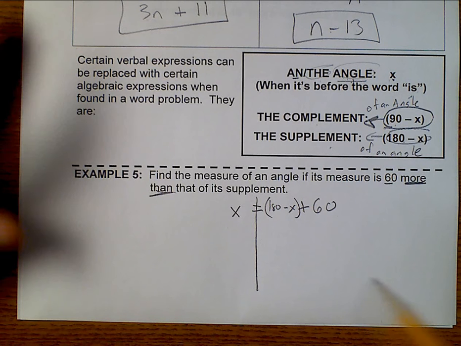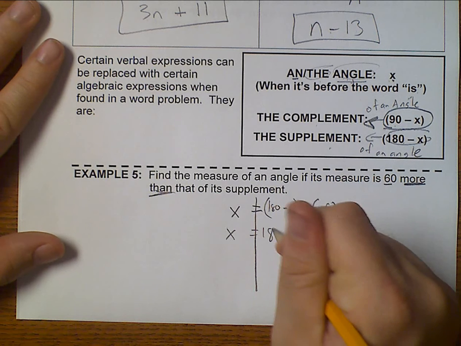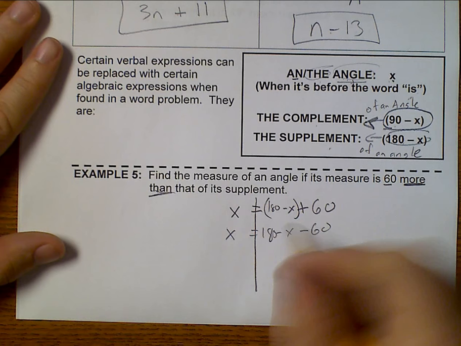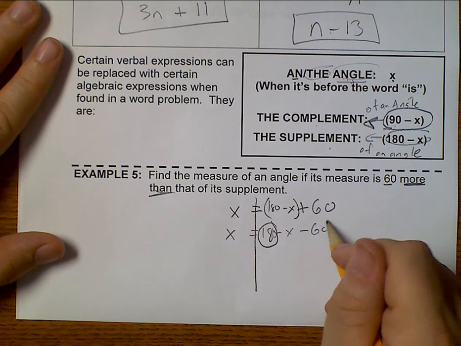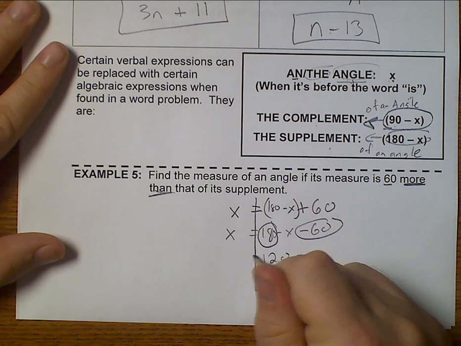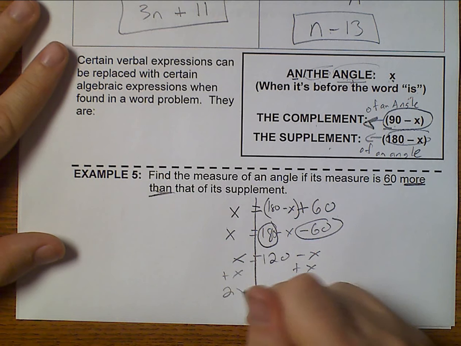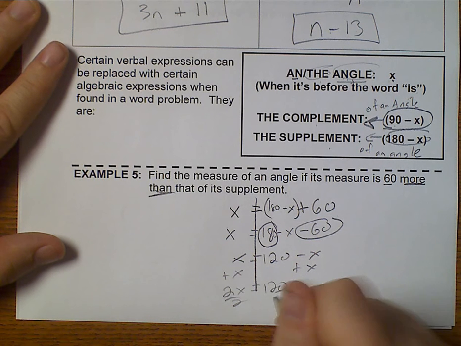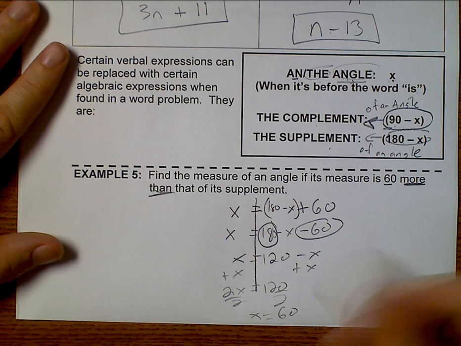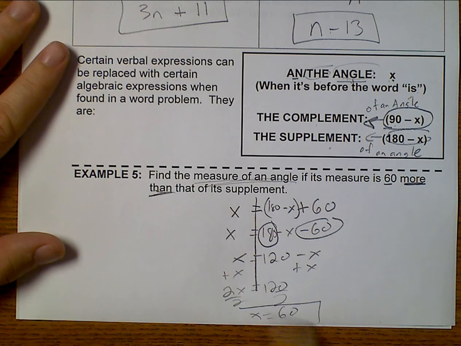Now we just use some algebra to figure this out. Those parentheses don't matter because there's nothing in front of them. So 180 minus 60 would be 120. If I add x to both sides, I get 2x equals 120. Divide by 2, x equals 60. So the measure of the angle is 60 degrees.